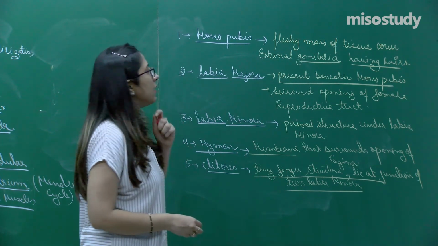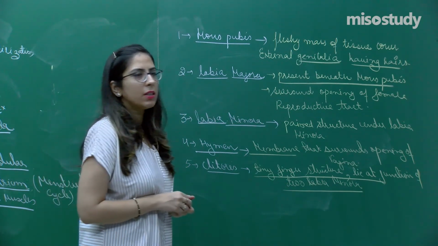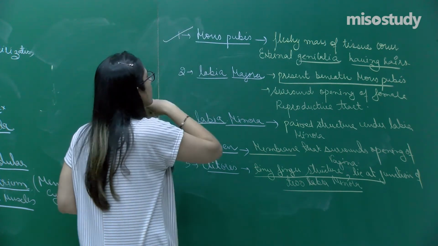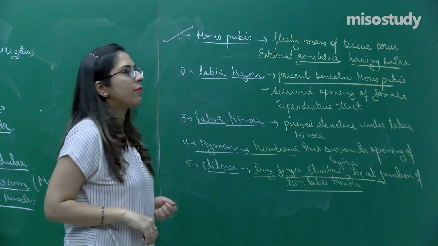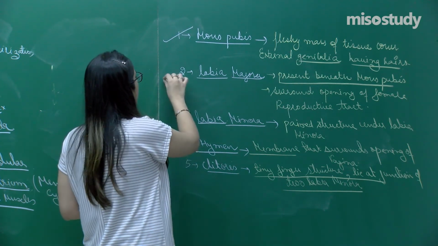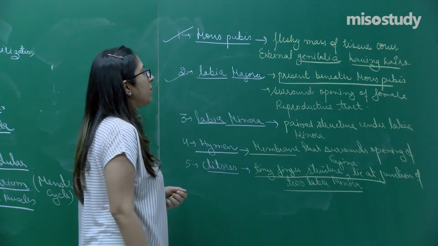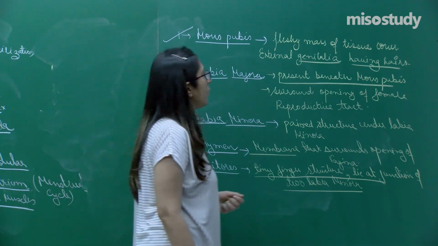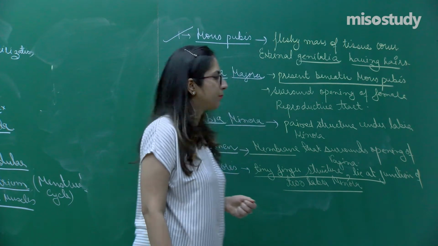So we are doing the external structure. In that external structure, first of all, we have a fleshy region which is called the mons pubis, a fleshy mass of cells covered by hair. After that, we have a region called the labia majora, which is present beneath the mons pubis and surrounds the opening of the female reproductive tract.